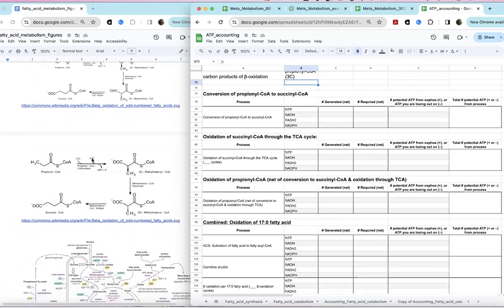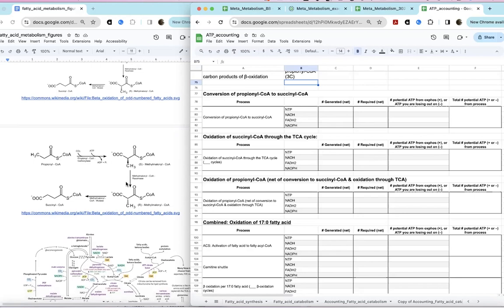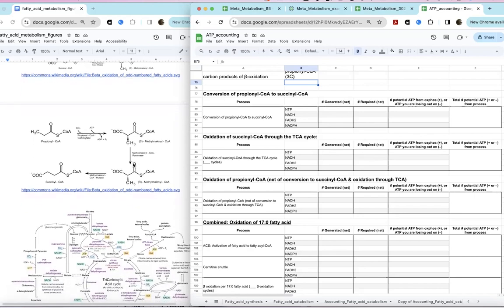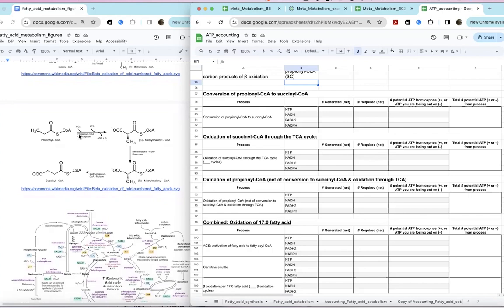So this propionyl-CoA carboxylase is going to carboxylate it with the help of ATP. You're going to then go through some interconversion steps. Pretty cool stuff. It actually is one of the 2 enzymes in your body that actually needs vitamin B12. Fun story. But end of the line, you take this propionyl-CoA and you make succinyl-CoA.